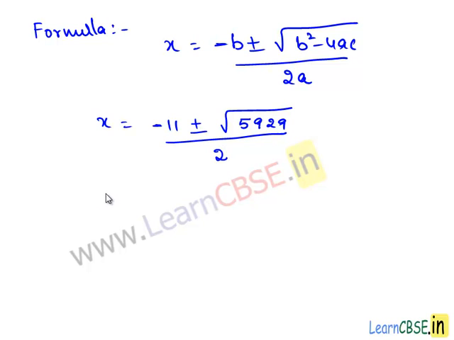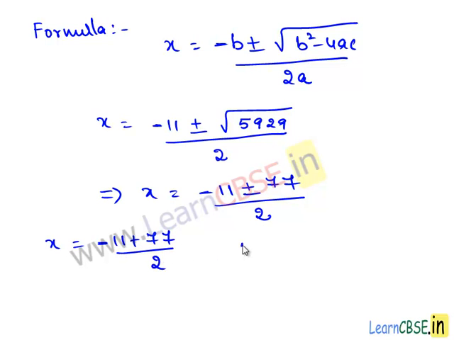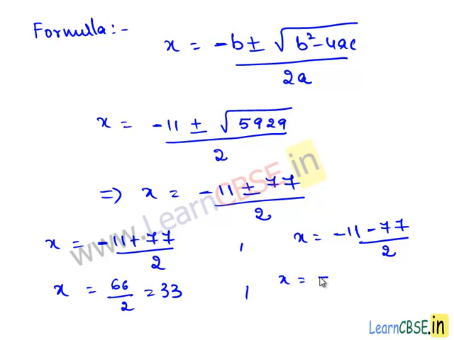So x is equal to minus 11 plus or minus 77 whole divided by 2, since the square root of 5929 is 77. So here we have two values of x. x is equal to minus 11 plus 77 whole divided by 2, and x is equal to minus 11 minus 77 whole divided by 2. So this is equal to x is equal to 66 divided by 2, which is equal to 33, and x is equal to minus 88 divided by 2, which is equal to minus 44.